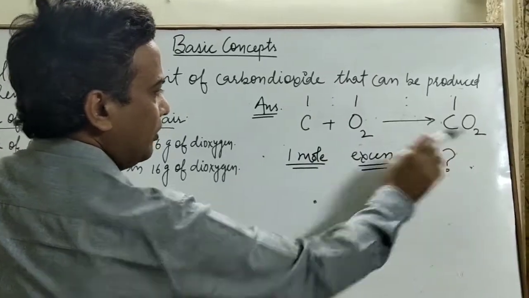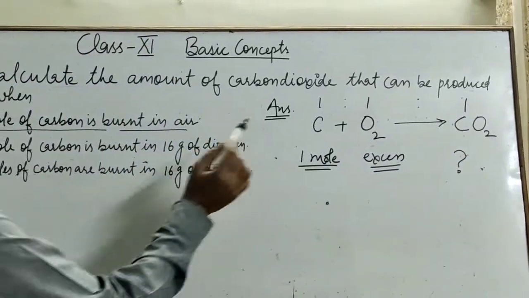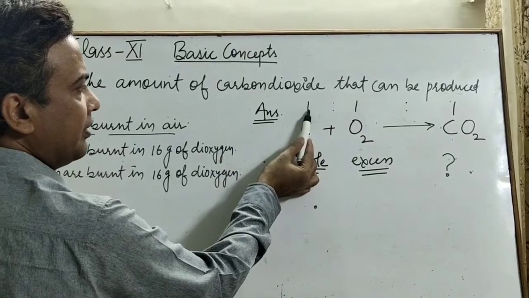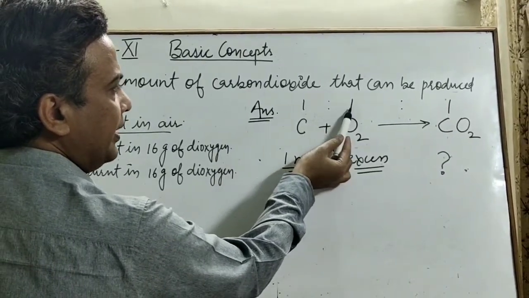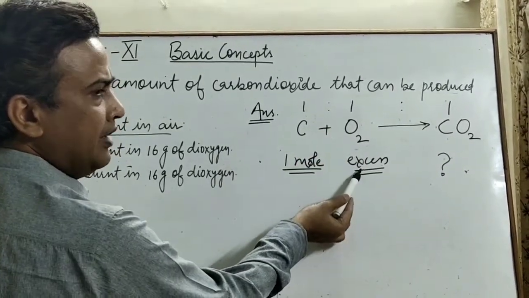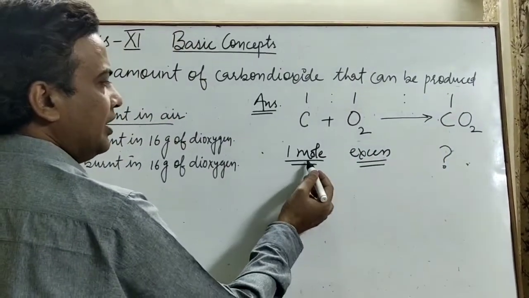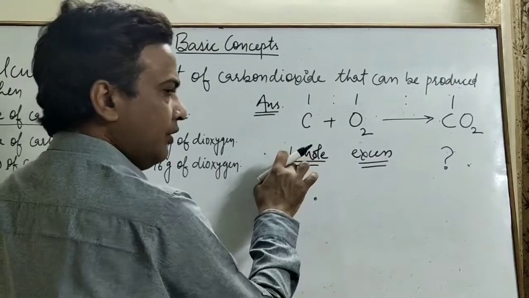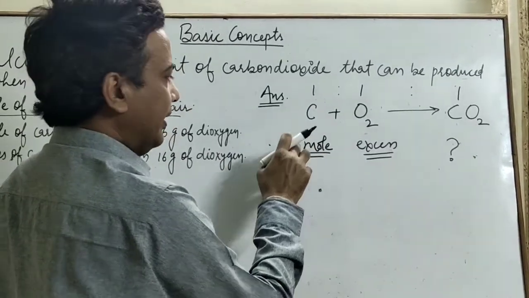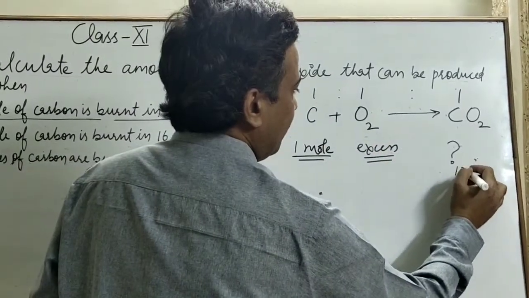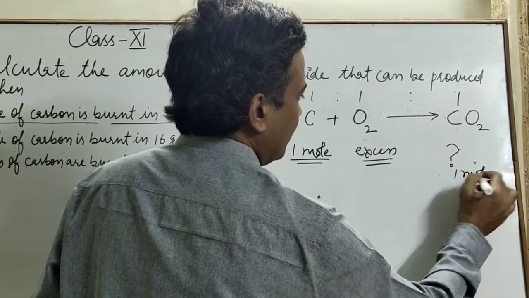According to stoichiometric coefficient, 1 mole of carbon has to react with 1 mole of O2, but we have it in excess, to give 1 mole of CO2. It means carbon is limiting reagent and it is going to finish itself in the container and will give you 1 mole CO2.